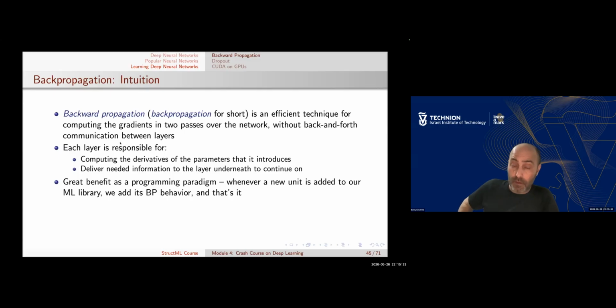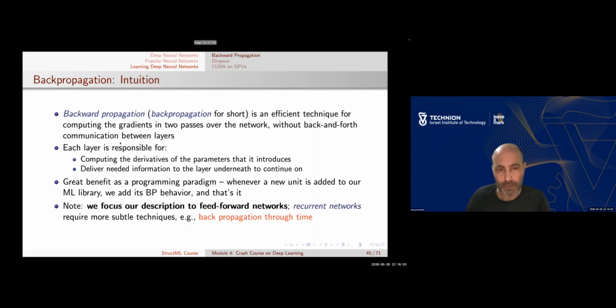This is very useful as a programming paradigm, because if you have a machine learning library and you want to introduce a new unit, you don't need to change everything to compute gradients that include this new unit. All you need to do is say how this new unit computes the gradients of its own parameters, and what it needs to deliver to the layer underneath.